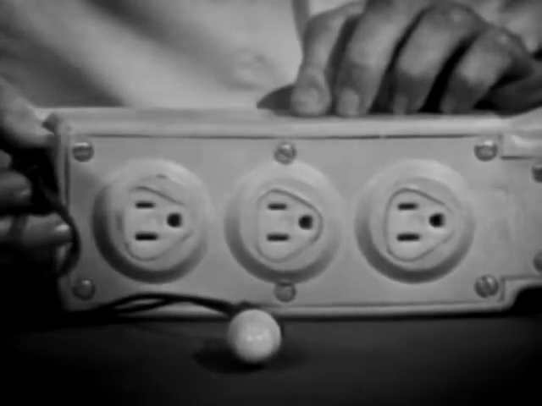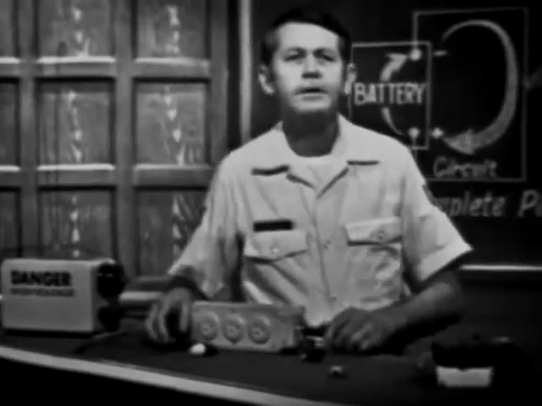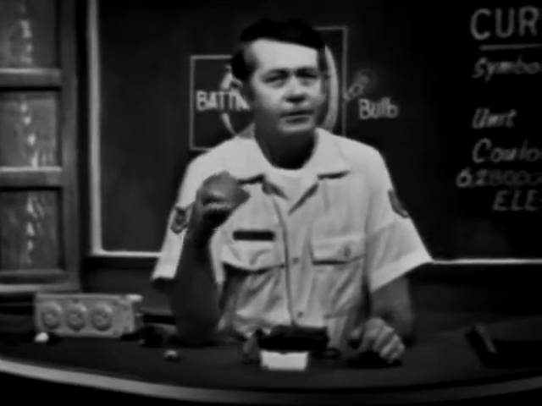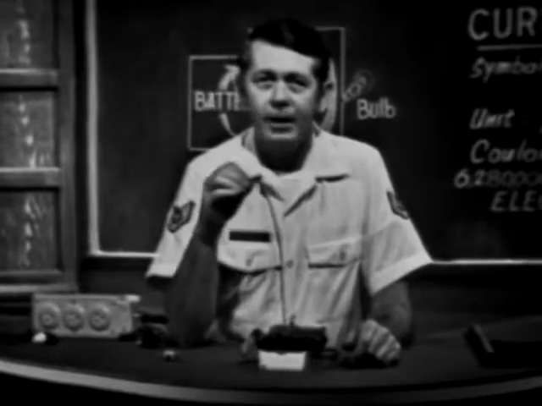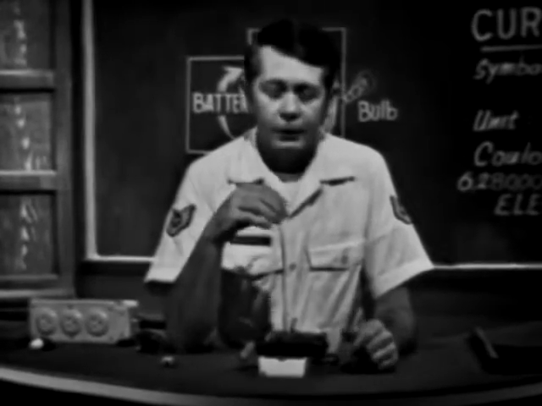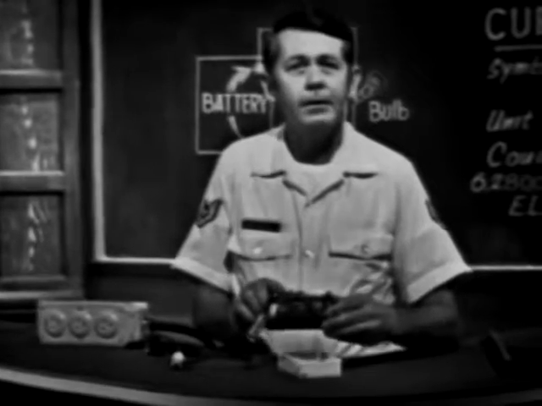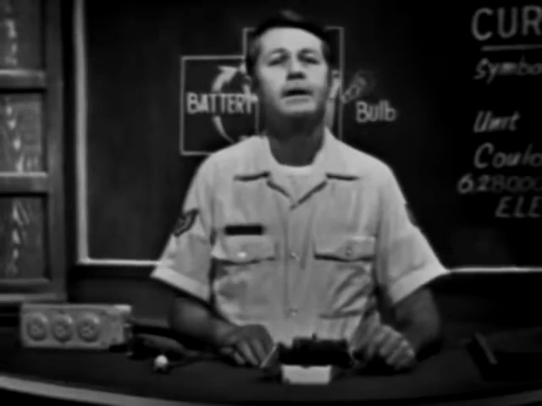If I unplug it, no light. Now, in each of these cases, when the voltage was removed, current must have stopped because we no longer produced the desired work. Each time we reapplied the voltage, the current produced light and it produced sound. So to have current, it's obvious that one requirement is voltage.